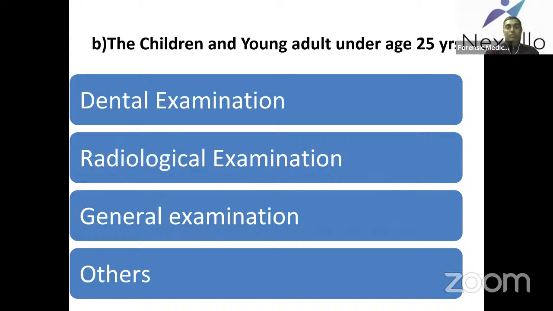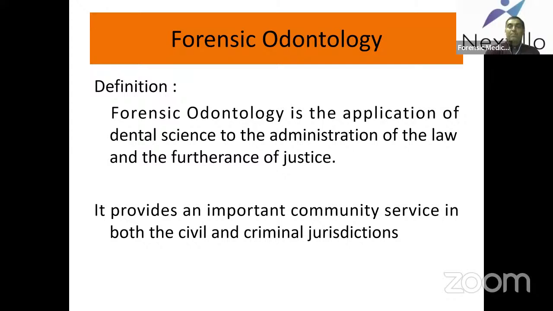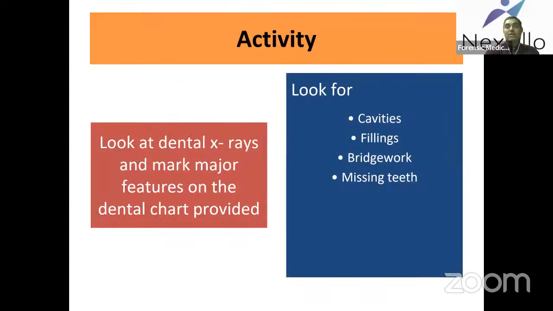So friends, we are going to focus today on the radiological examinations, because odontology is again a very important thing. It's a dental science, and we all know that we have to look at the dental x-rays also, which mark major features on the dental chart provided, because we look for cavities, fillings, bridge work, missing teeth, and so many things.